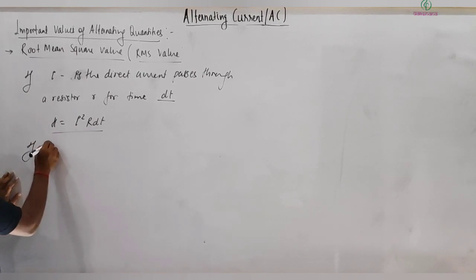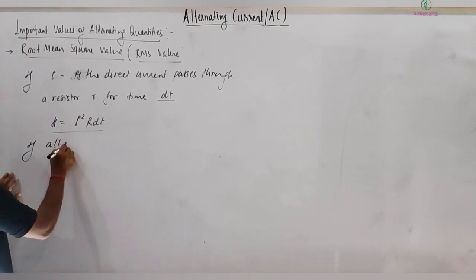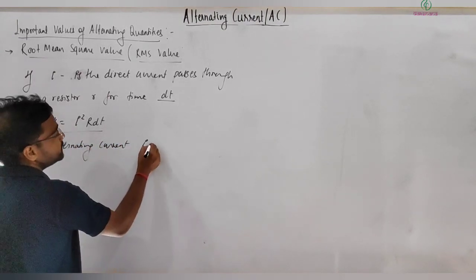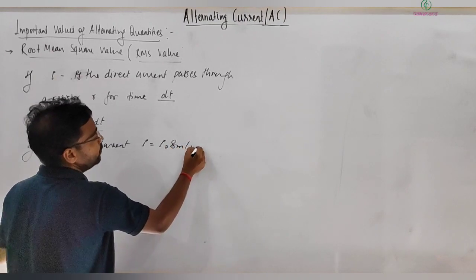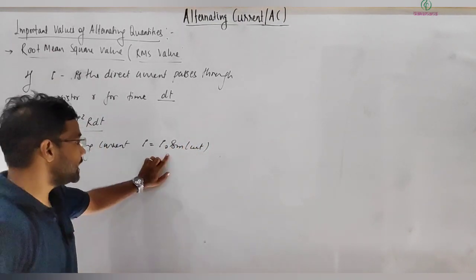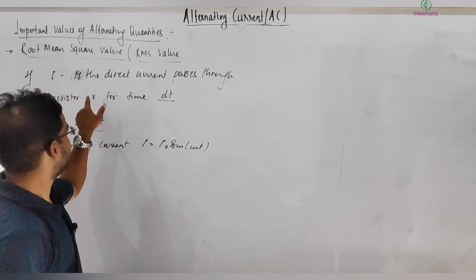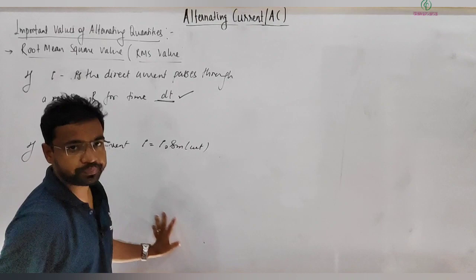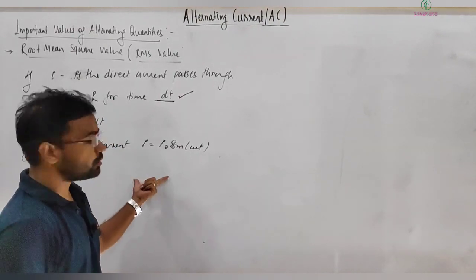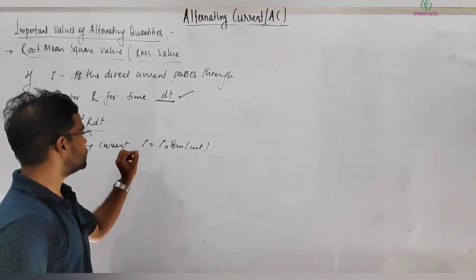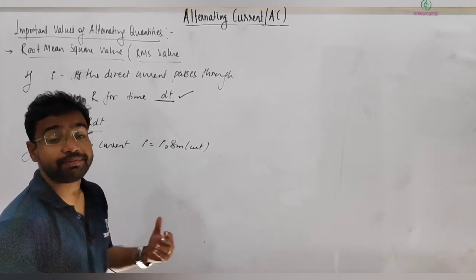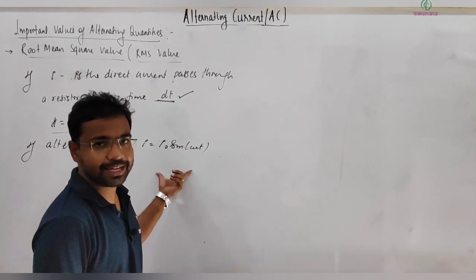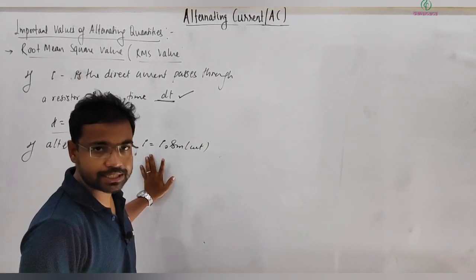If an alternating current I is equal to I naught sine of omega t is passed through the same resistance R for the same interval of time, then to produce exactly the same amount of heat, what should be the effective value of that current?